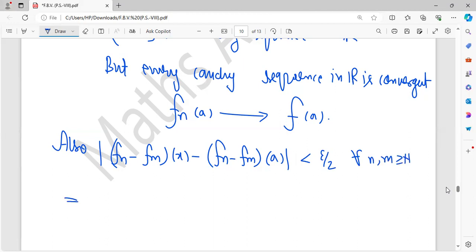So this implies, what can I write? I can write this in a different form. How?